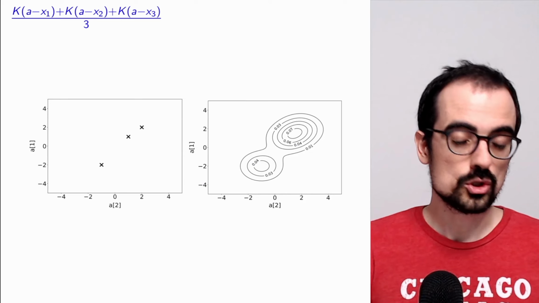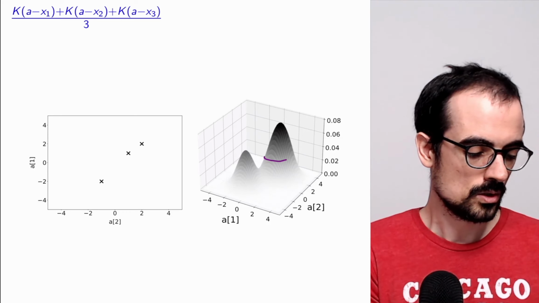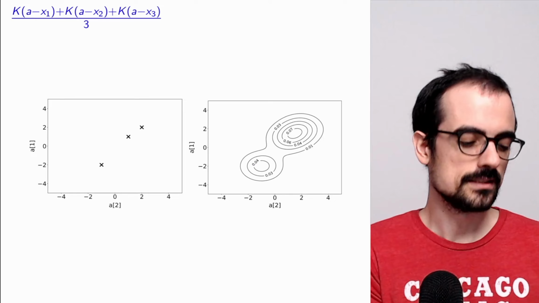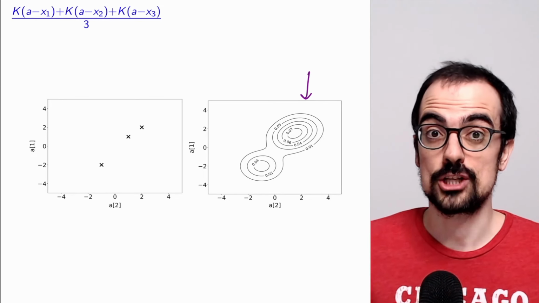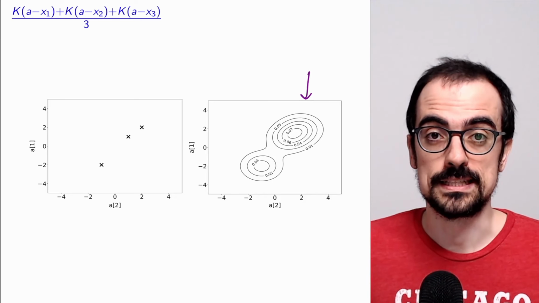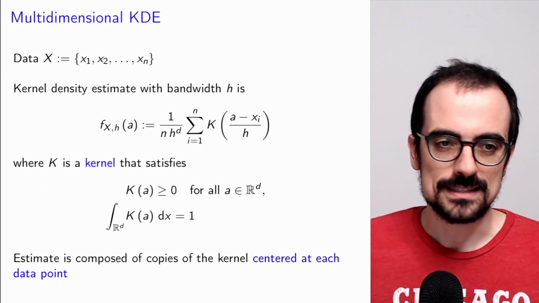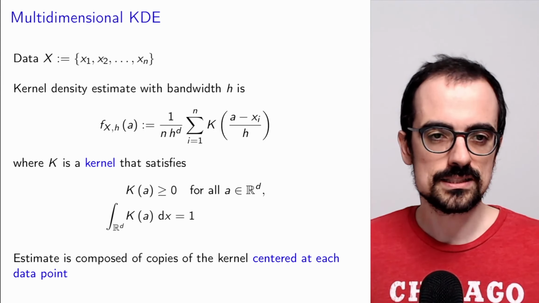All right, these are the contour lines of this object. The contour lines essentially tell us where the density is constant on these mountains. And it's usually a cleaner way of visualizing joint probability densities. Okay, so this is just a mathematical definition of multidimensional kernel density estimation.